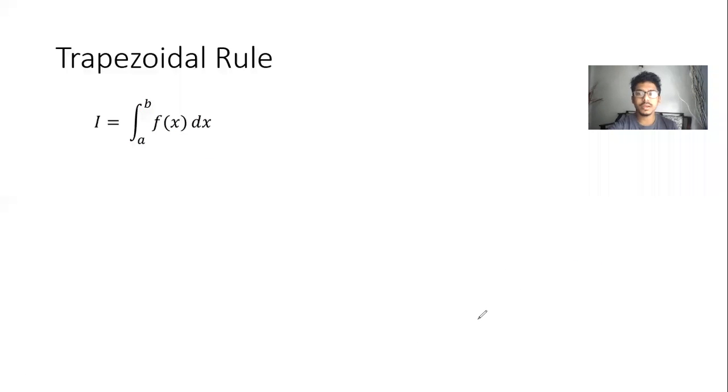So first let me draw the function f of x in the xy plane. Okay, let's say this is the x-axis and this is the y-axis. And let me draw the function f of x.